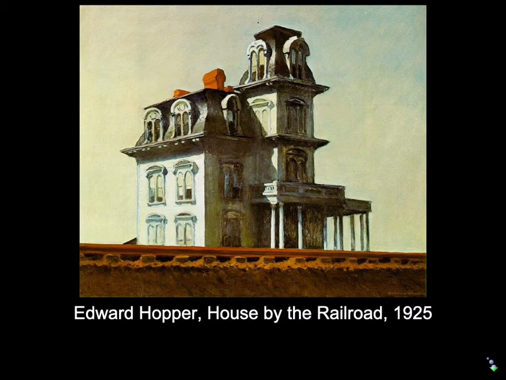And by eliminating them with a railroad track, the implication is a train comes by or leaves. It travels. This house is stationary. Railroad track suggests movement or travel or rootlessness. The house is rooted, but we're rootless if we ride the rails.